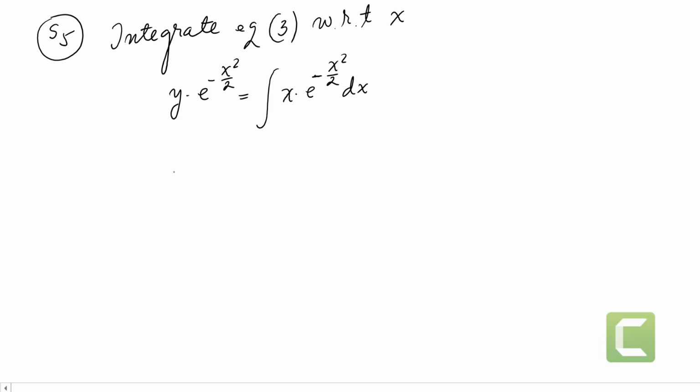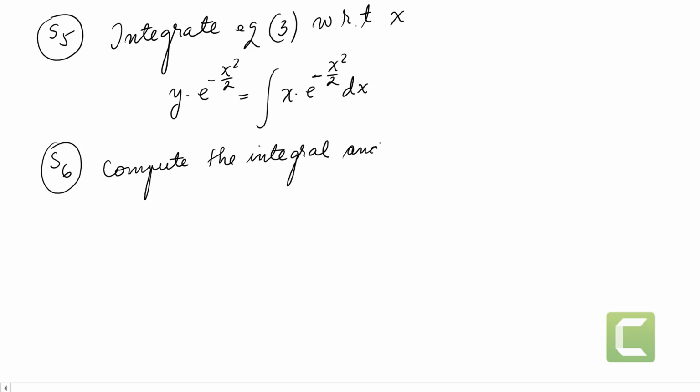Now the next step, step 6, is compute the integral and find y of x. So y times e to the negative x squared over 2 equals, how do I calculate the integral?